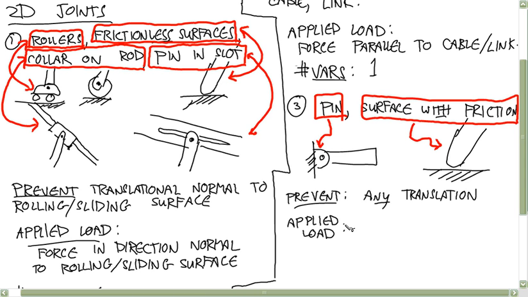A full force vector, okay? If you only apply one component of force, then you're free to move perpendicular to that force, right? If you apply two components of force, then you're restraining this thing to go this way, or any combination of those two, which is anywhere. So the applied load is a full force vector.